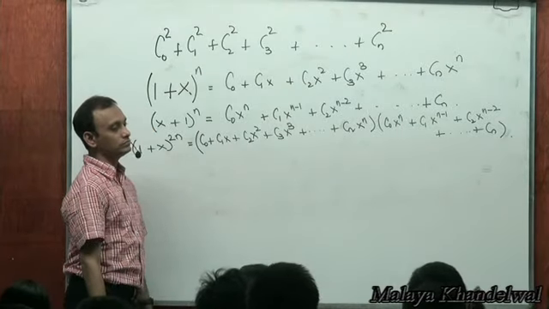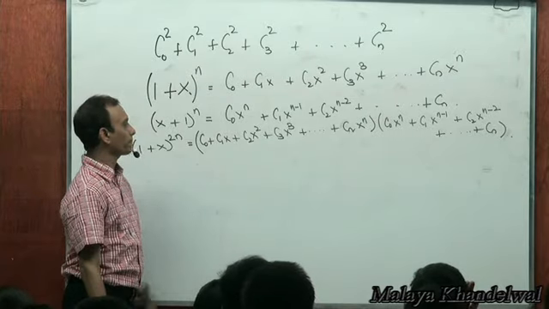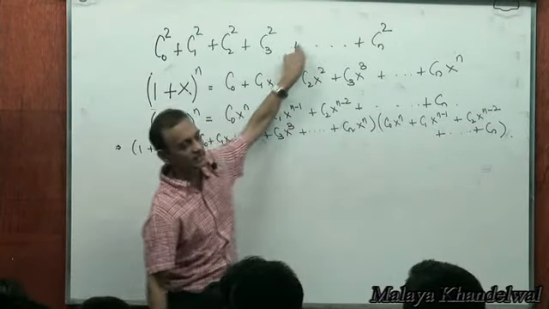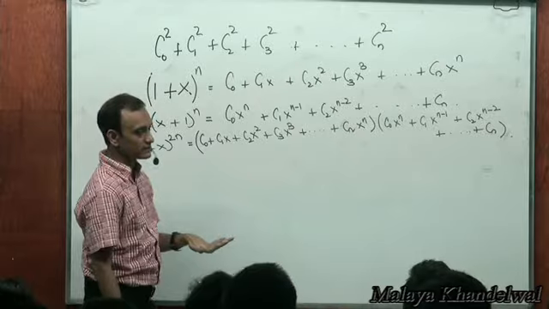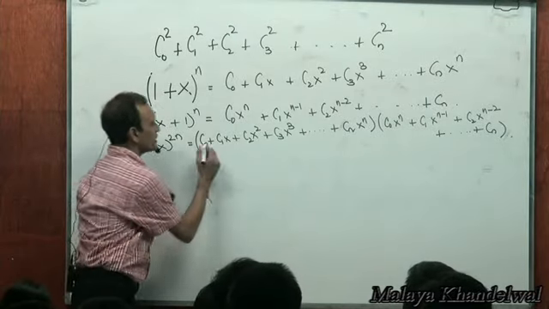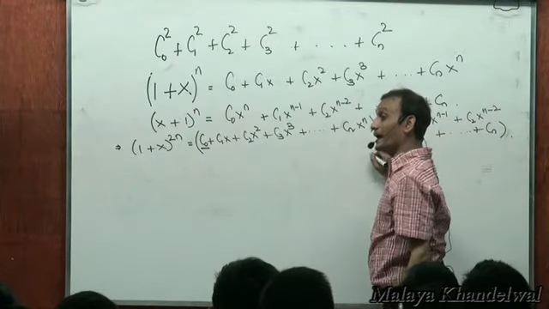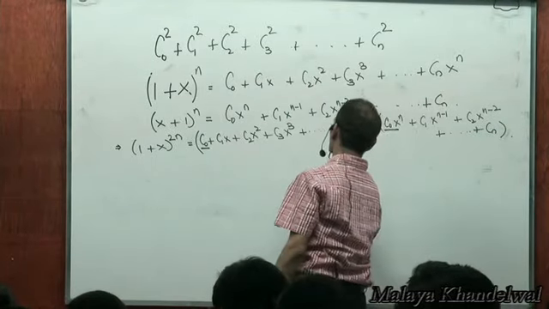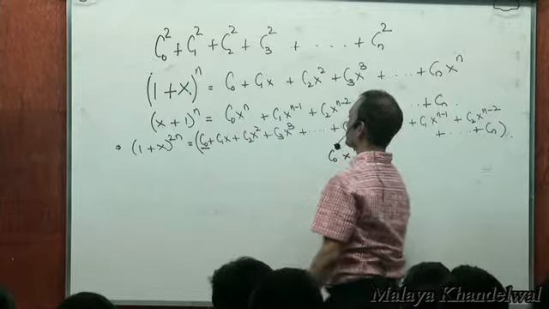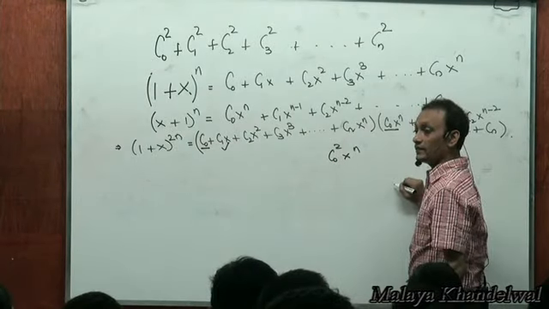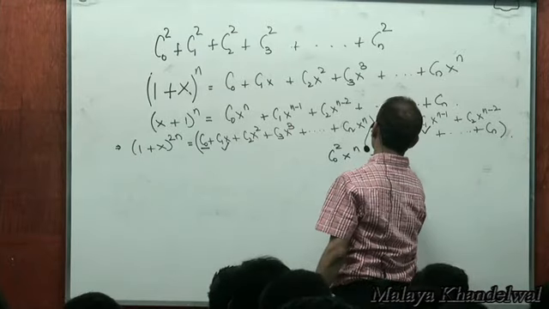Now I have to devise a way to get c0 squared, c1 squared, c2 squared, c3 squared, etc. Check this out. If I multiply this with this, what do I get? c0 squared x^n. If I multiply this with this, what do I get? c1 squared x^n.